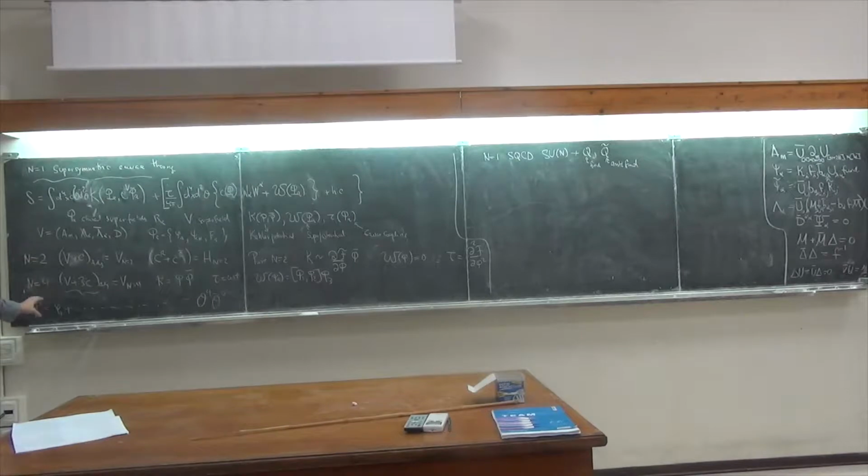But do you know if it's not known, or if it's really not possible to build? There are several people that work on that. For example, for N=2 it is known. For N=2 there is a formulation in which you can put all this together in a big superfield.